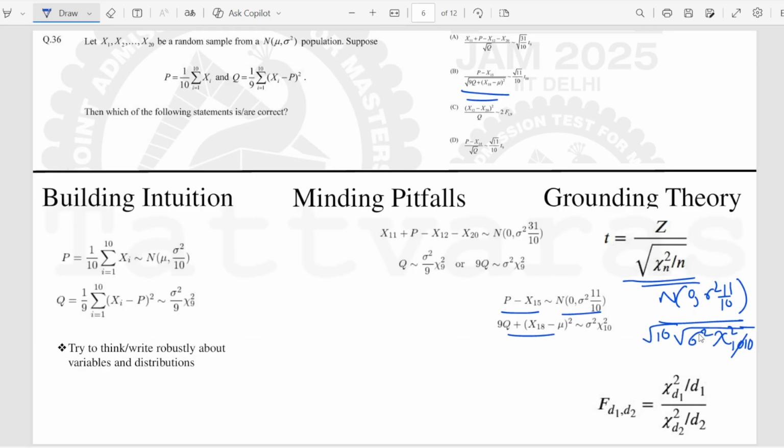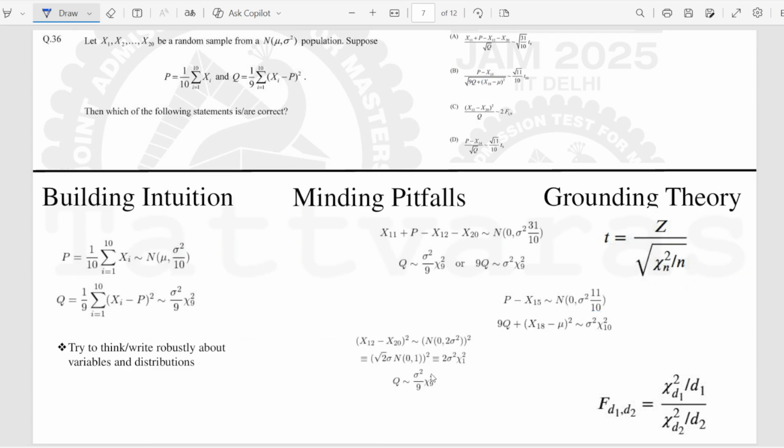Again, we can take the sigma square out as sigma, and similarly we can take this entire thing out as sigma root over 11 root over 10, and this thing then becomes 1. So now this portion becomes the t distribution structure with 10 degrees of freedom, and over here the root 10 comes down, sigma sigma cancel, so it is root 11 by 10 t distribution with 10 degrees of freedom, which is matching over here. This is correct.